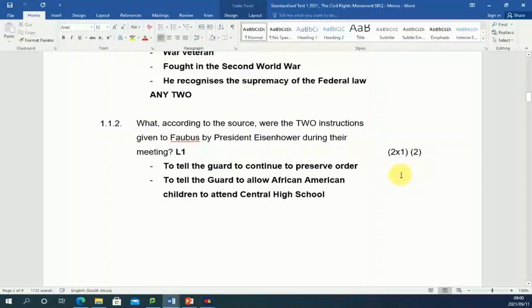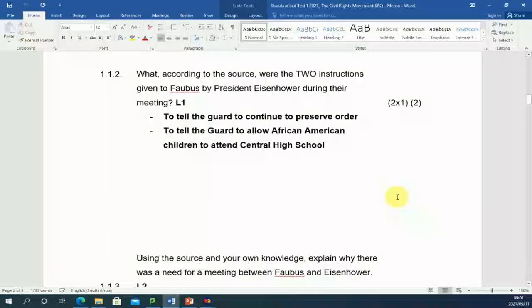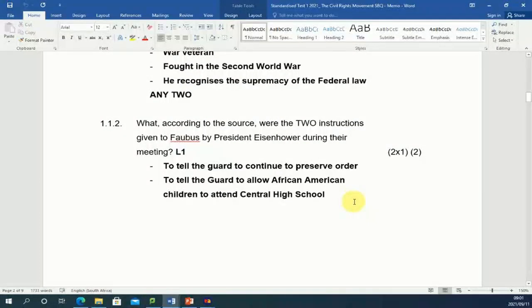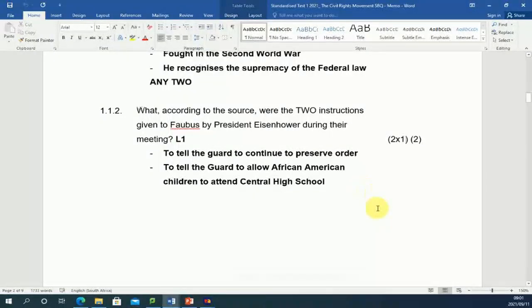So in this case, it's 2 pieces of information, and for 1 mark each, that tells us it's a level 1 question. So in this case, to tell the Guard to continue to preserve order, and to tell the Guard to allow African American children to attend Central High School. It is simple extraction from the source, okay? There's nothing that we need to interpret or analyze over there.